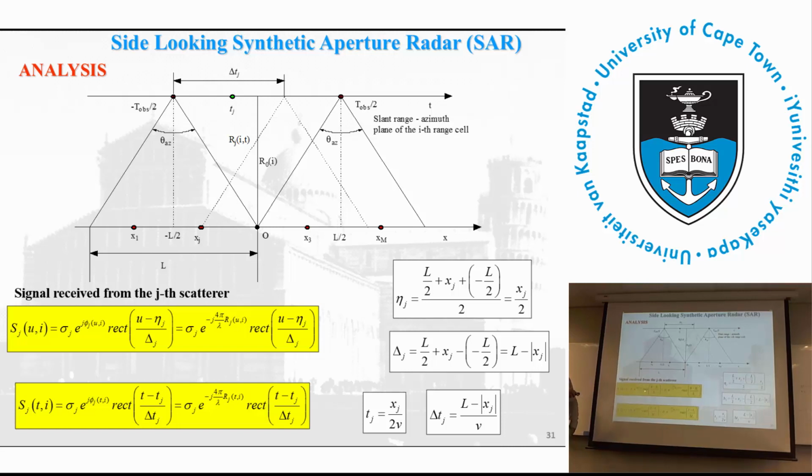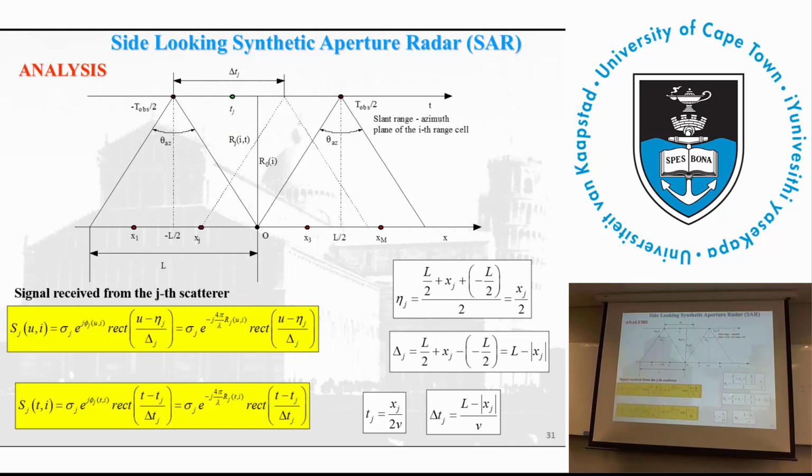The rectangular window that expresses the existence of my signal is actually a little bit different from the one before. Now, this particular scatterer here is only illuminated for a time that is equal to this delta j, and delta j is expressed here.